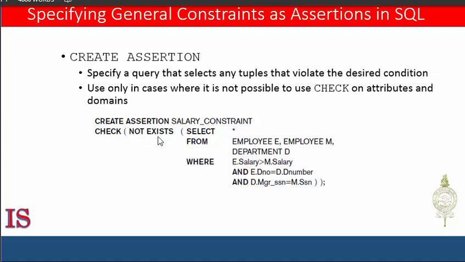Not exists suggests that it will return true if it comes up with no tuples. And that is our constraint.